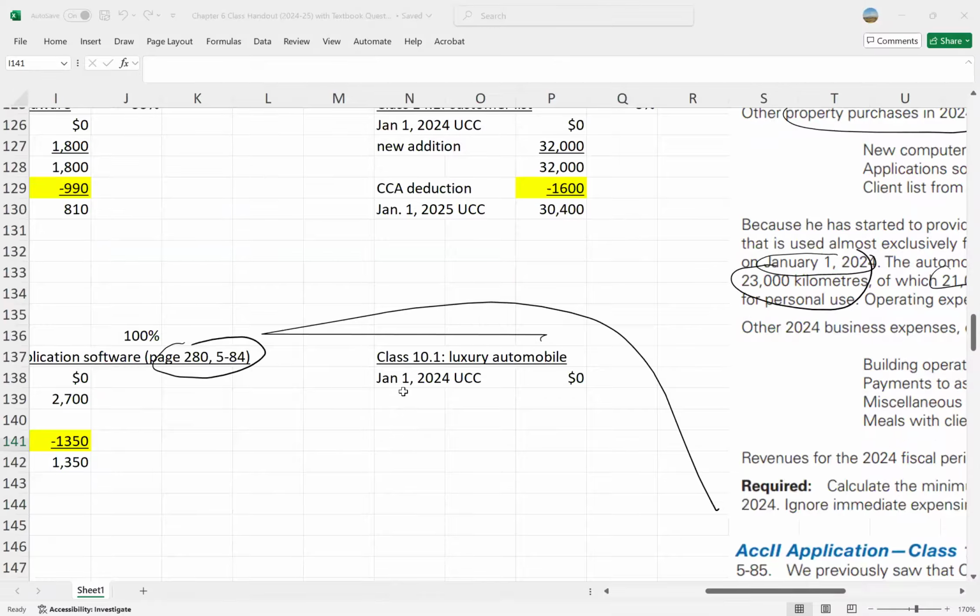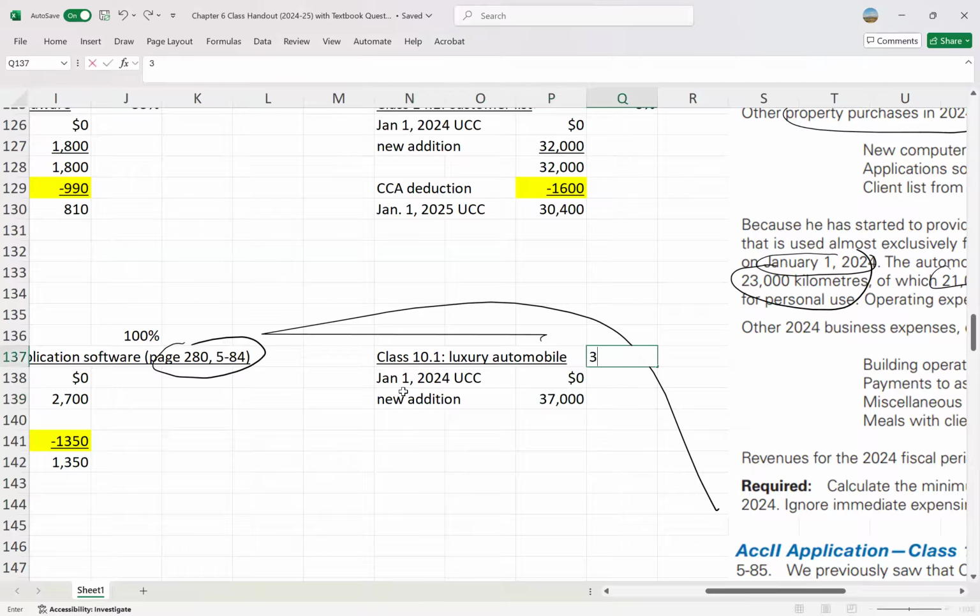Again, the car was 56,000, but for class 10.1, we can only add up to 37,000. And class 10.1 is a 30% CCA rate. So then the CCA will be 11,100.